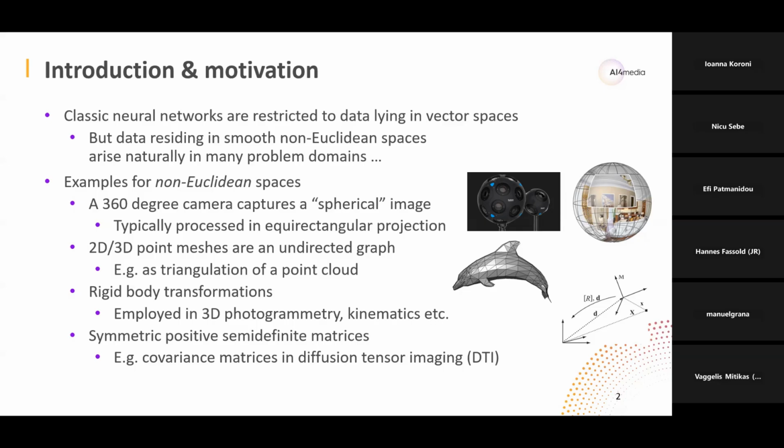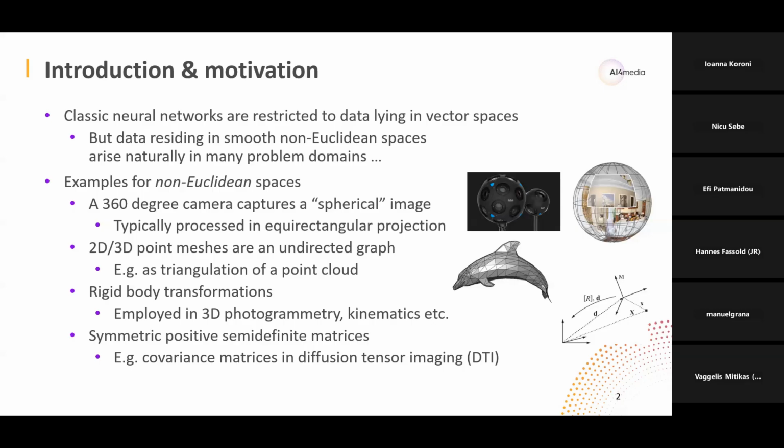And these transformations are everywhere in 3D photogrammetry and kinematics, but their representation in a matrix is actually a sort of manifold space or a Lie group.